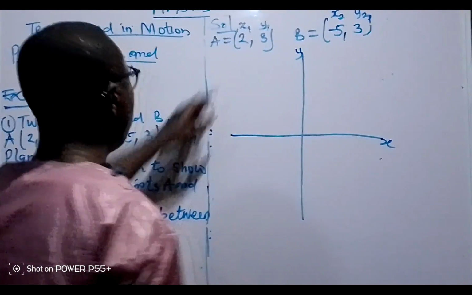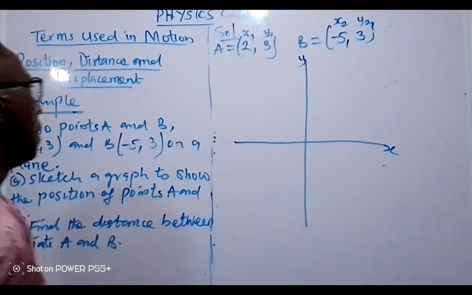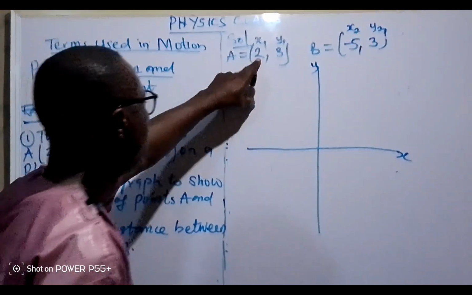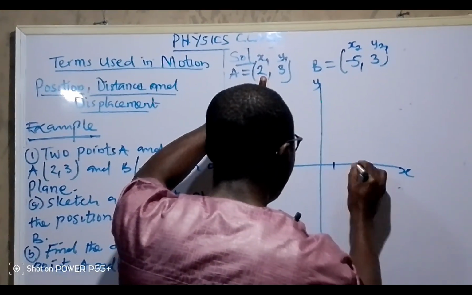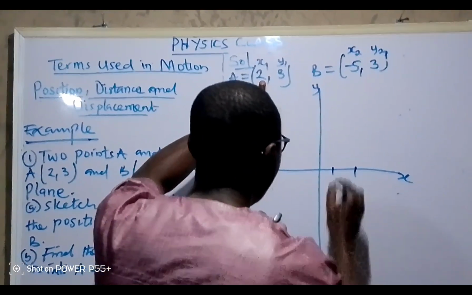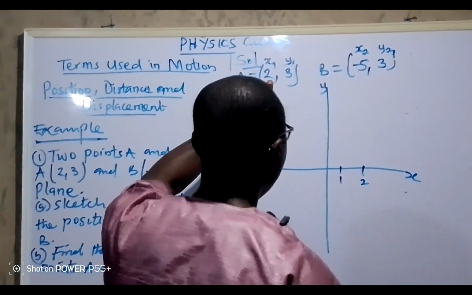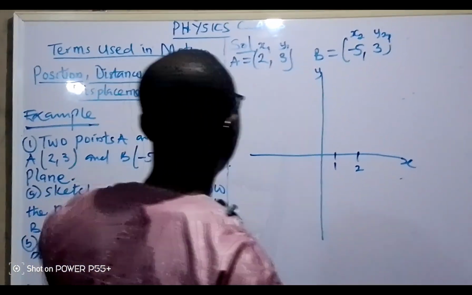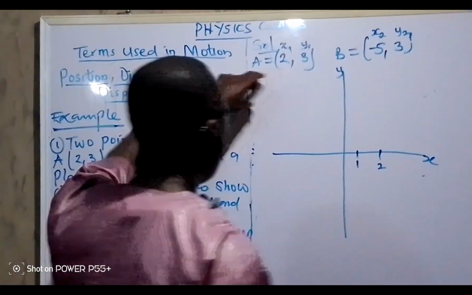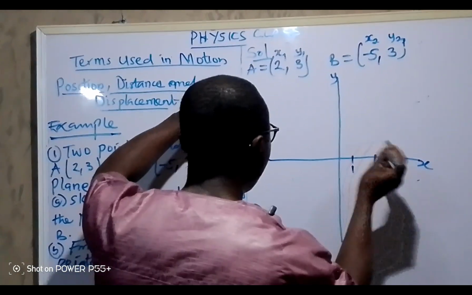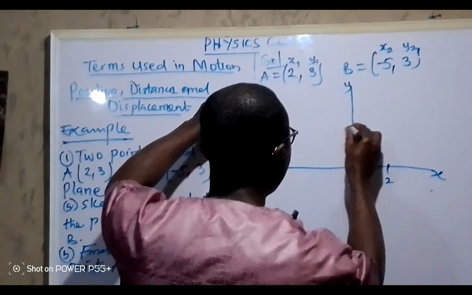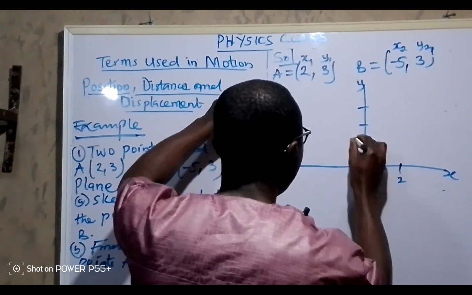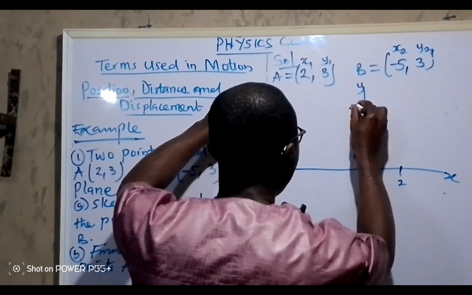Let's first locate point A. For x, it is positive, which is 2. You need to sketch 1, 2. It can be more than that, but because of the space. Then for y, it is 3: 1, 2, 3, 4.